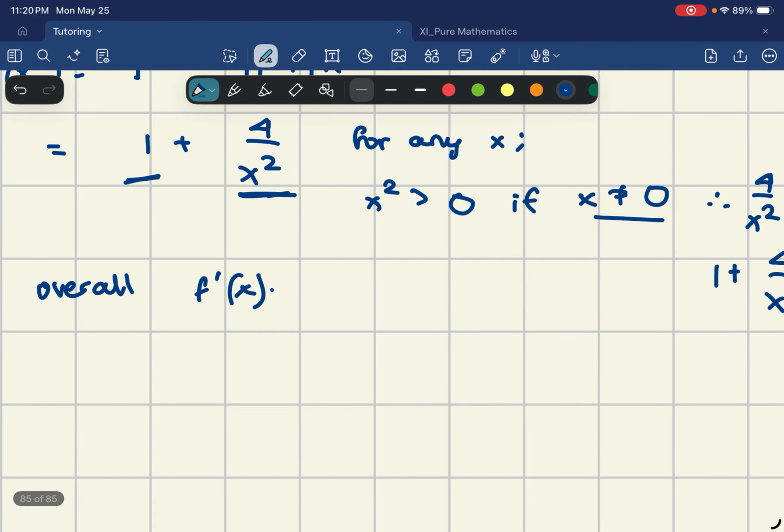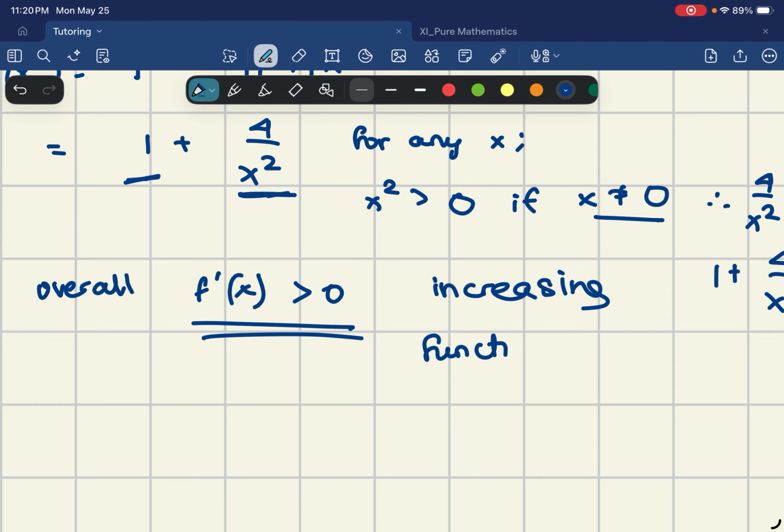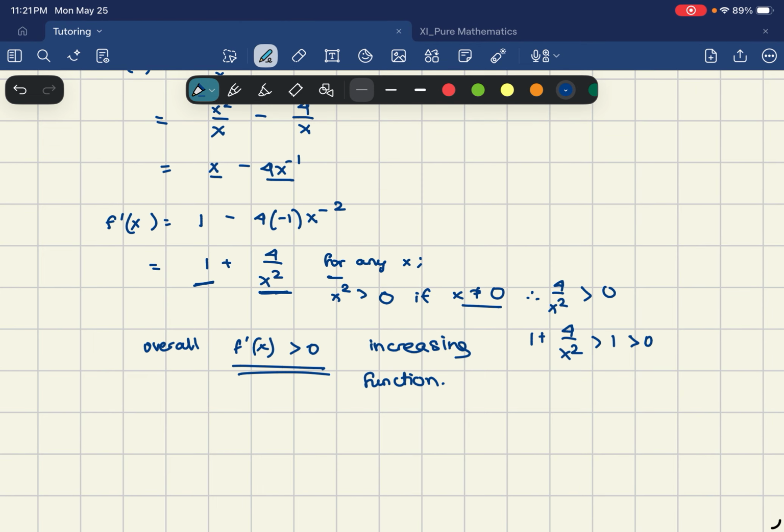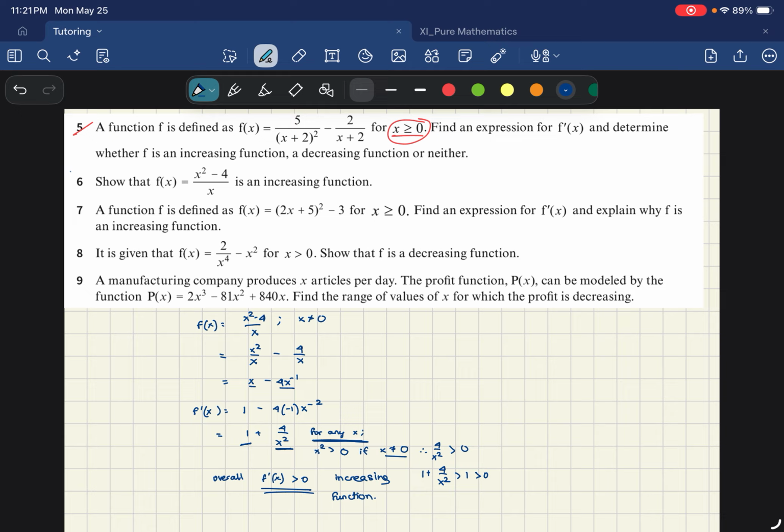That means f dash of x is bigger than 0, so it's an increasing function. And it's always going to be an increasing function because we have proved it for any x.